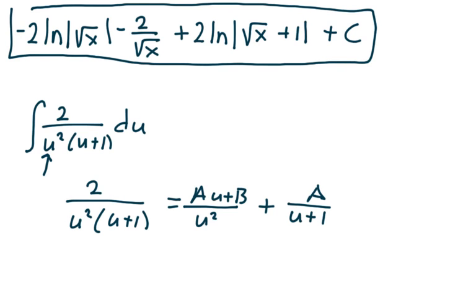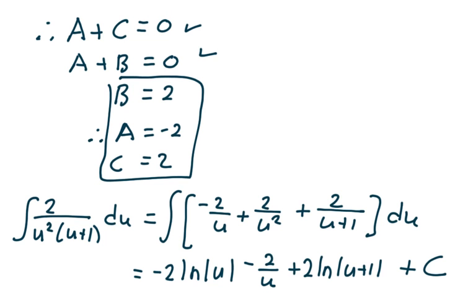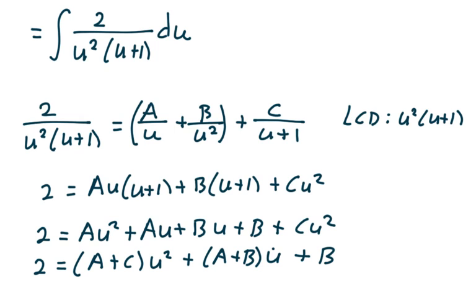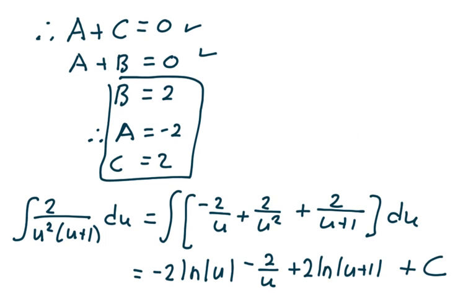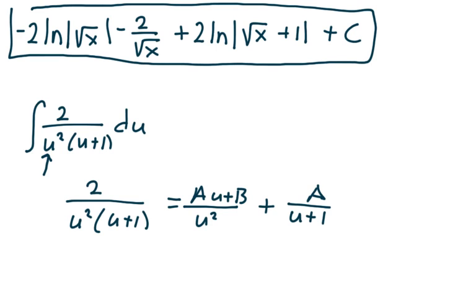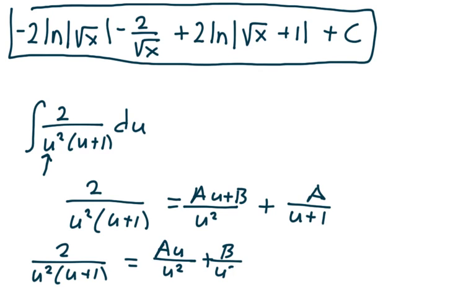But if you notice over this way, I wrote a over u plus b over u squared. But I want you to watch what this reduces to. So we get 2 over u squared times u plus 1. I get au divided by u squared plus b over u squared plus a over u plus 1.